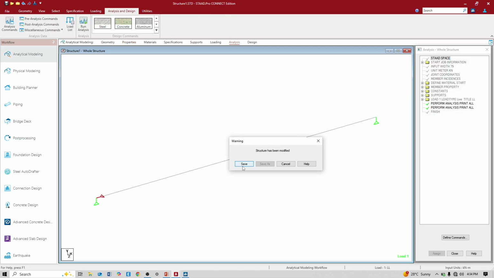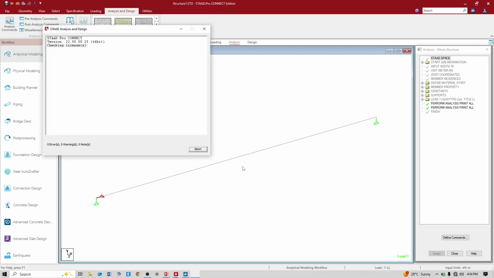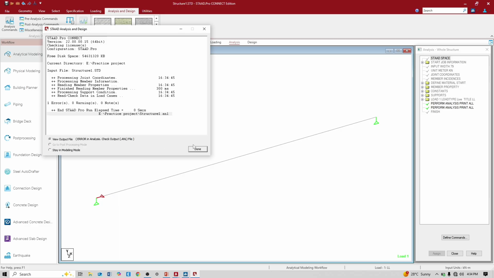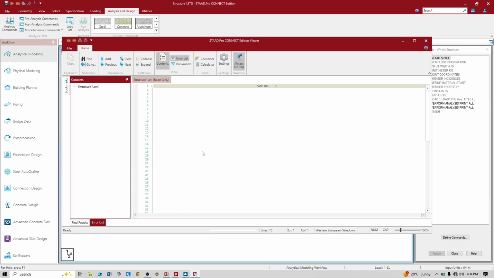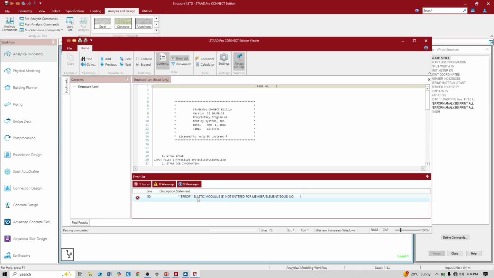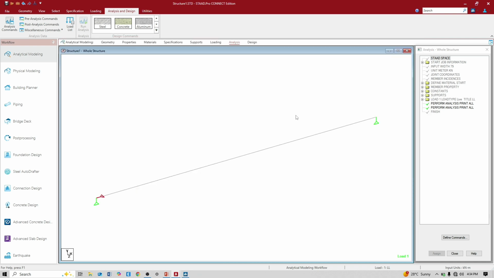It is a material property. Again, error, why this error? Error: elastic modulus not entered in the member.